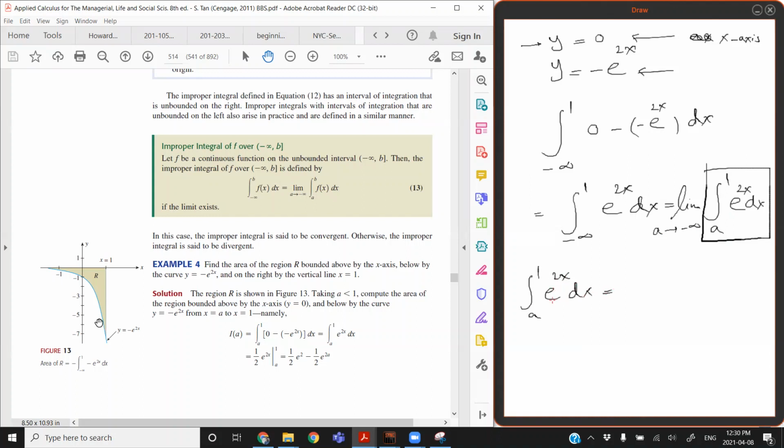It's again a simple substitution. I'm sure you can do it on your own. It's going to be 1 over 2 e to the power of 2x from a to 1. So it's going to be 1 over 2 e to the power of 2 minus 1 over 2 e to the power of 2a. Very good.